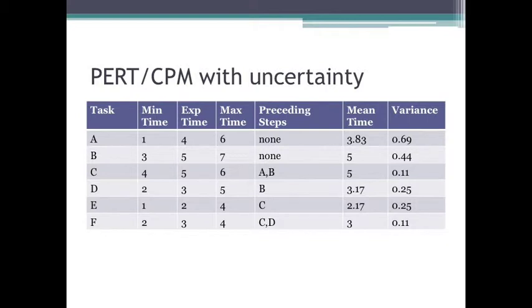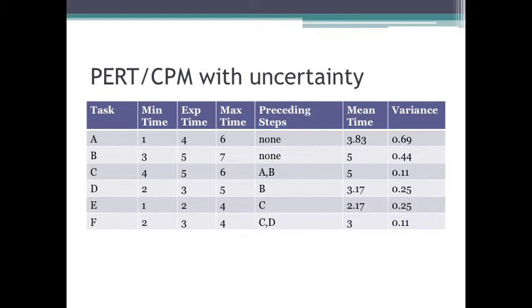So, how do you determine what the critical path is? Well, you determine what the critical path is by taking those mean task times that you just calculated and using those in good old PERT CPM. So you draw out the project flow map, with arrows between predecessors and successors.